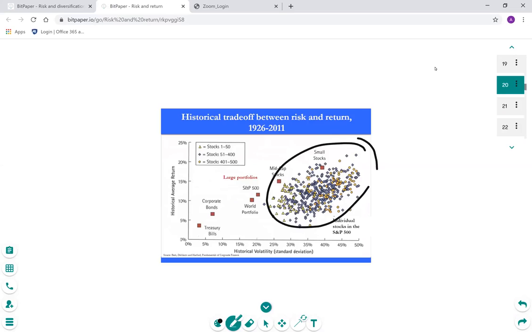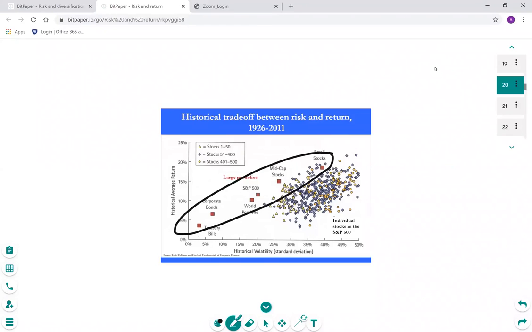And then the red squares are actually portfolios of stocks. These are portfolios of small stocks.